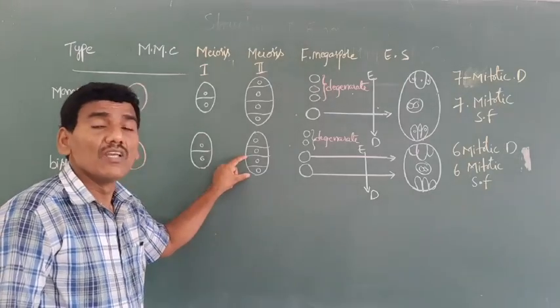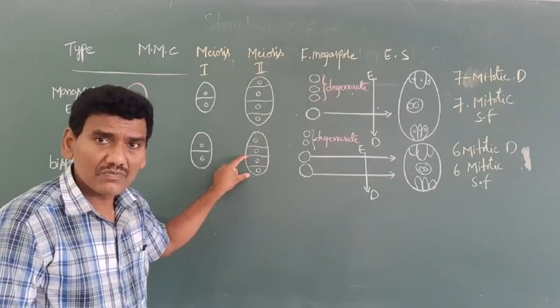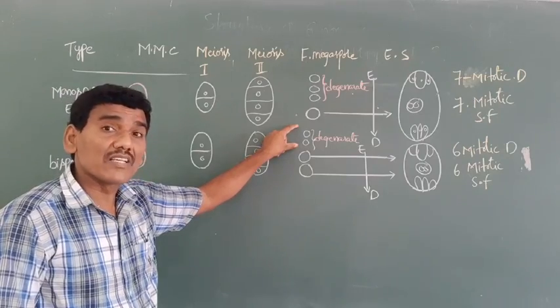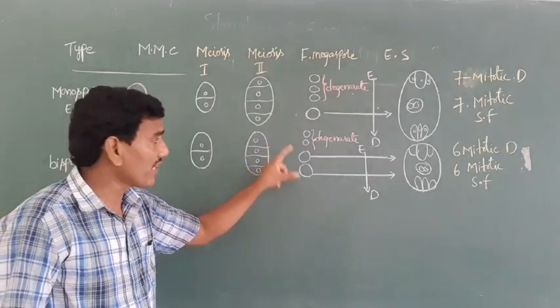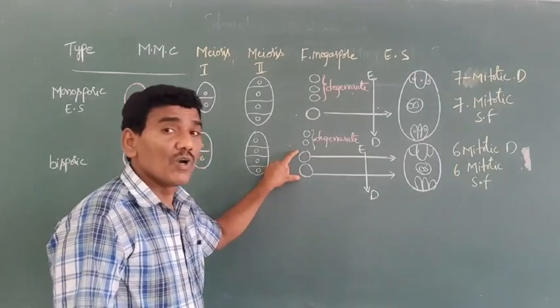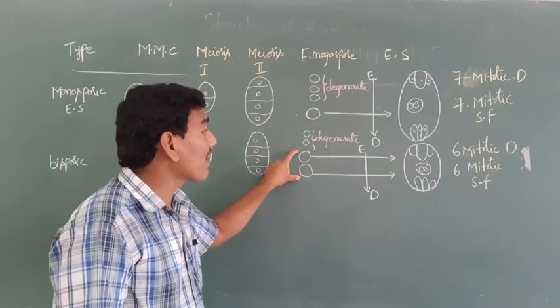That's why only 2 megaspores are formed. The upper 2 megaspore nuclei degenerate. That's why the bisporic type of embryo sac develops from only 2 functional megaspores.